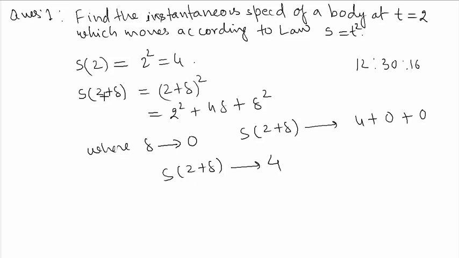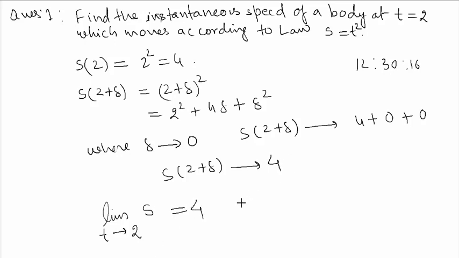Limit is working in the neighborhood behavior, and instantaneous speed is also working in a similar way. So to express this feeling, we can write this as limit t tends to 2, s is equal to 4.